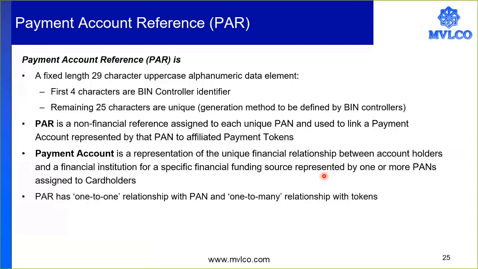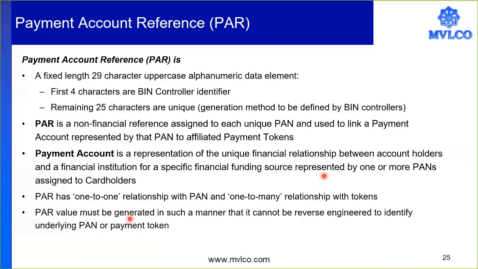So what PAR ensures is that even though there could be multiple events that may occur in the life cycle of a primary account number, the PAR is going to be constant across the life cycle. So even if my old PAN gets replaced with a new PAN because my original card expired, my PAR for both of them would remain the same. All right. So even if there are multiple life cycle events in the PAN, my PAR data is going to be the same.